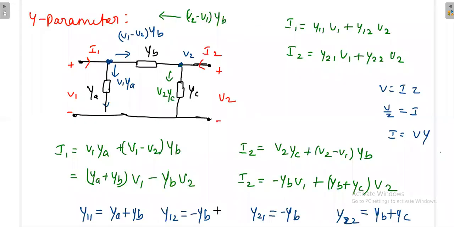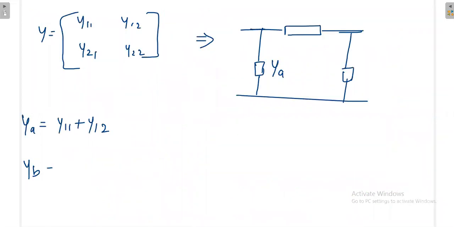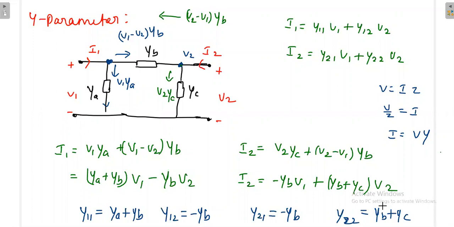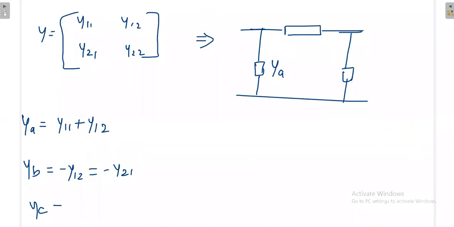YB is just the opposite of Y12 or Y21, so YB is equal to minus Y12 or minus Y21. Then what is YC? To get YC, you just add Y21 with Y22, or Y22 with Y12 is also possible. YC is equal to Y22 with Y12 or Y21, no problem, because Y12 is the same as Y21.